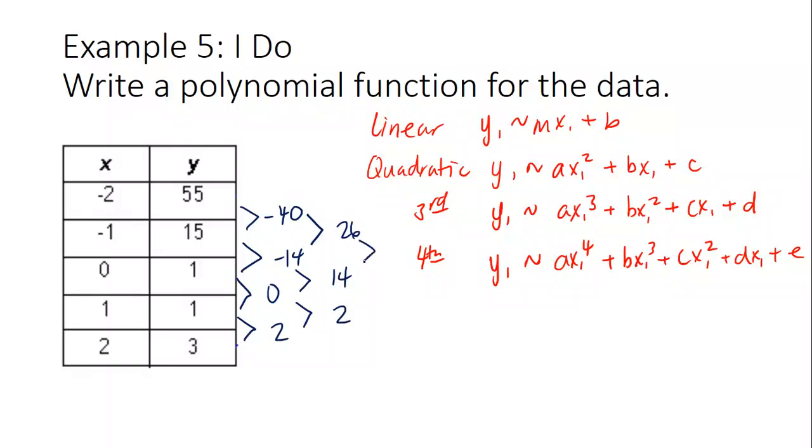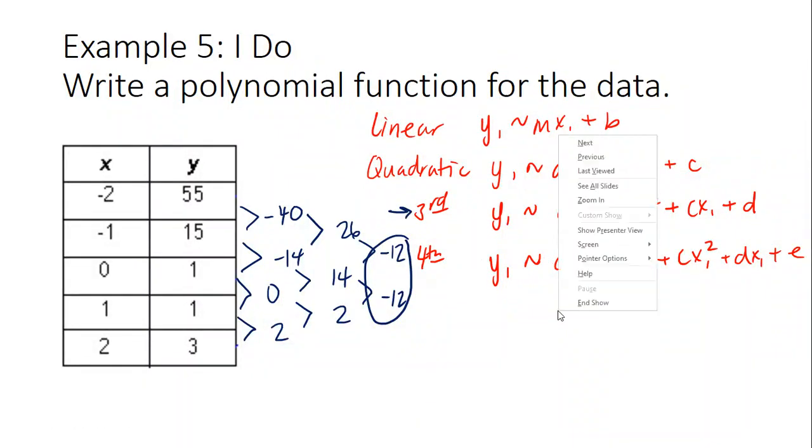Then 14 minus 26 is negative 12, and 2 minus 14 is negative 12. So therefore, I'm dealing with which one? The third. We're going to use our third because that's where the third difference is the same. Yes? All right, to Desmos.